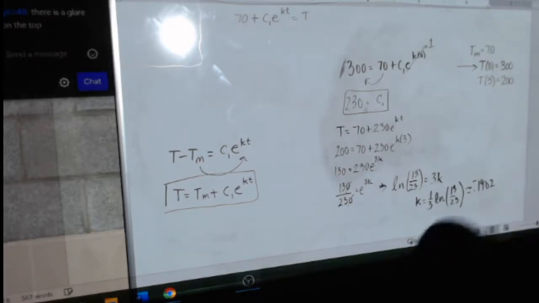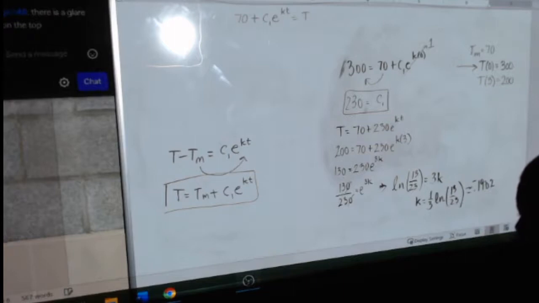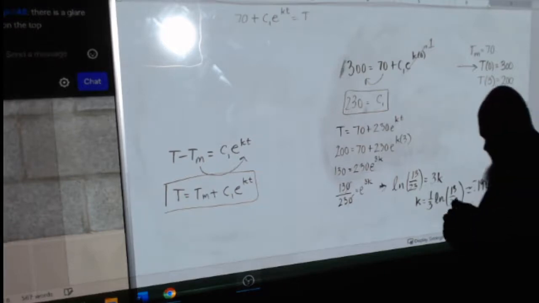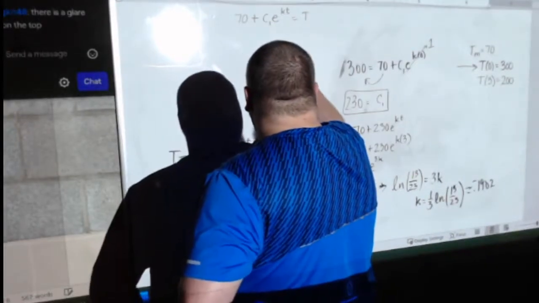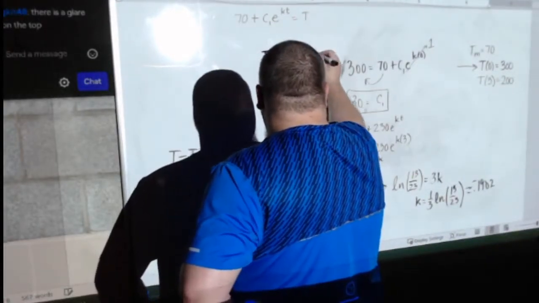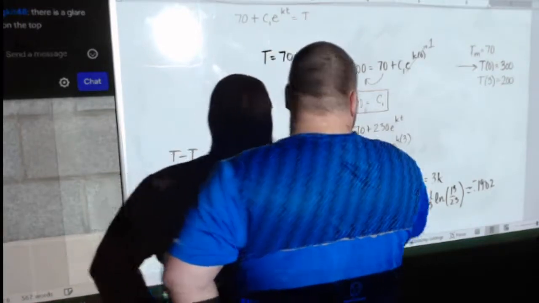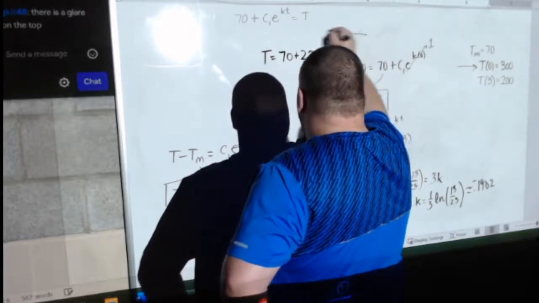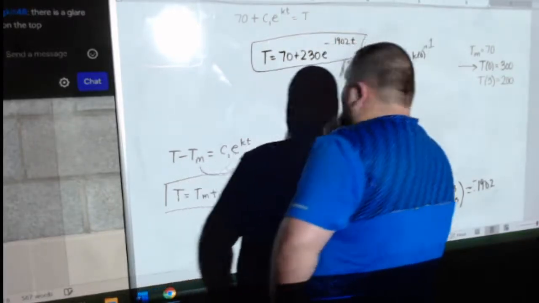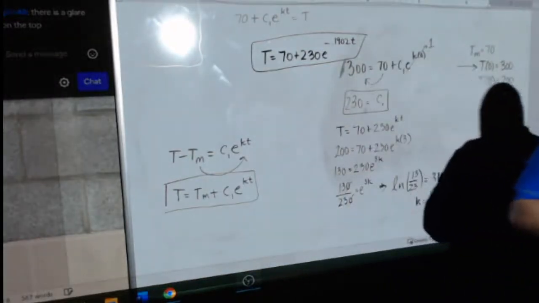This is one of the few cases where I'm okay if you go ahead and plug in a decimal and use a decimal. So the last thing we can do then is write the temperature equation again. And so the temperature is now 70 plus 230 e to the minus 0.1902 times little t. That is the equation for the temperature at any time t.